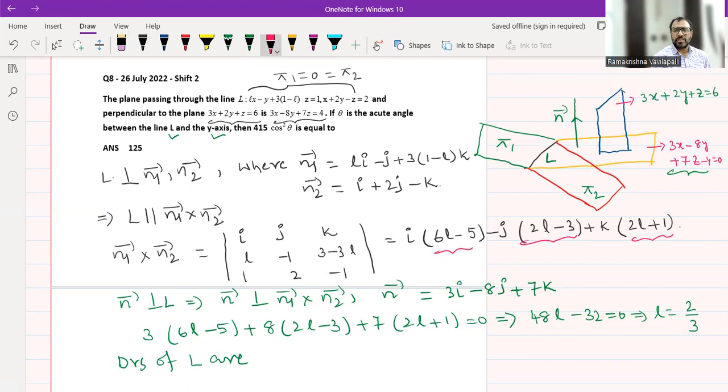Substitute here 6L minus 5, you will get 4 minus 5, that is minus 1. Here 4 by 3 minus 3 is minus 5 by 3, but before it the minus sign is there, so 5 by 3.